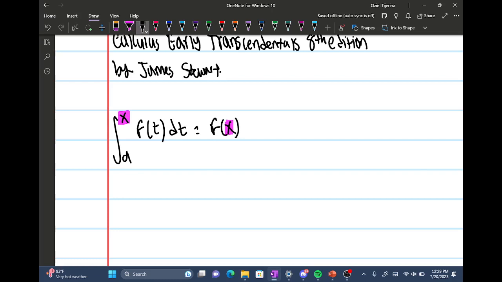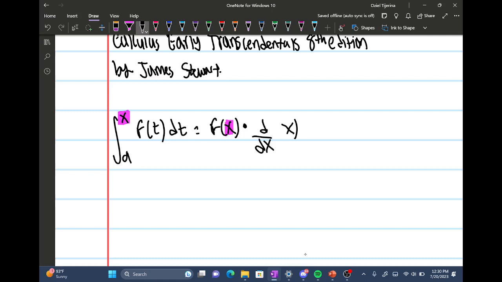And also, it's times the derivative of x. That's the one thing they don't put in there, which of course was confusing at first.